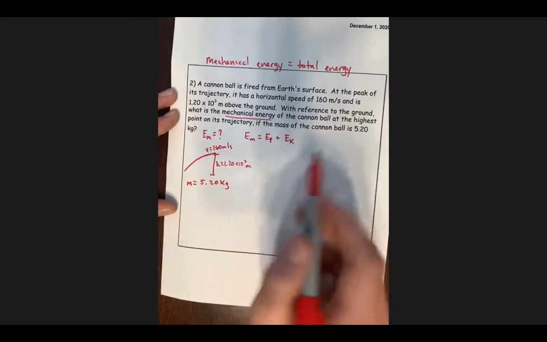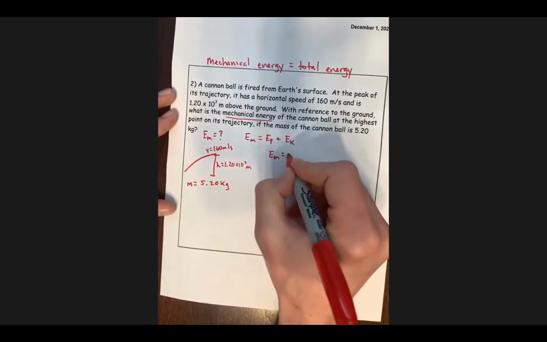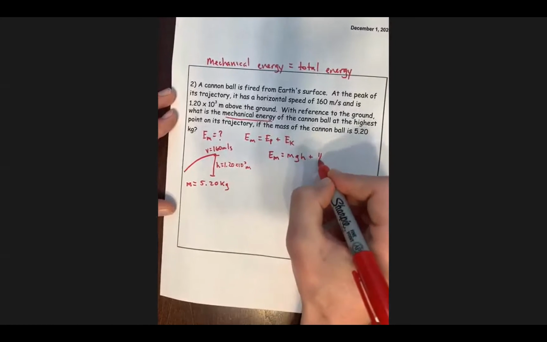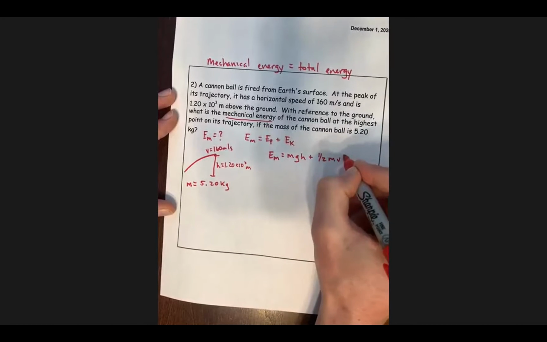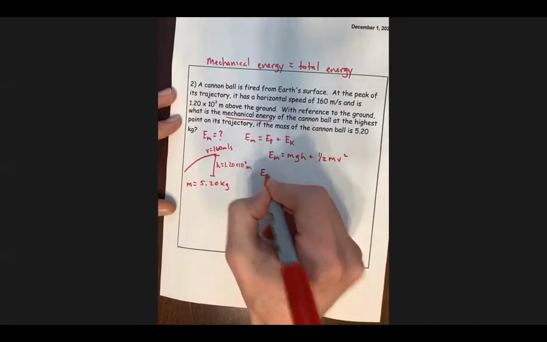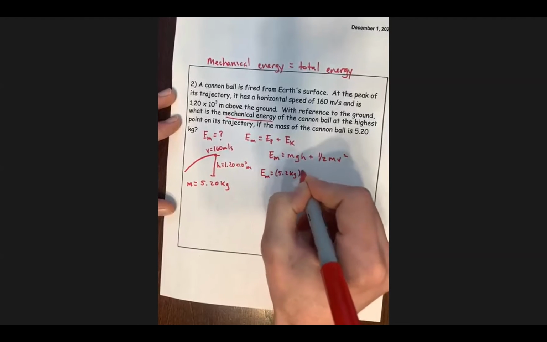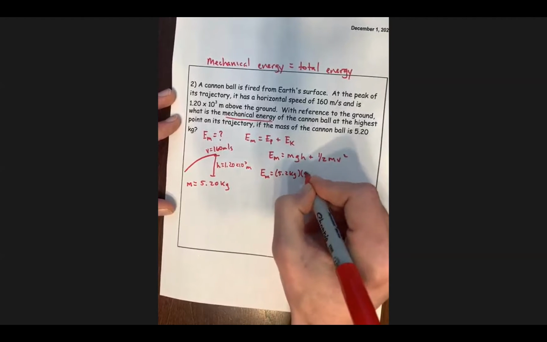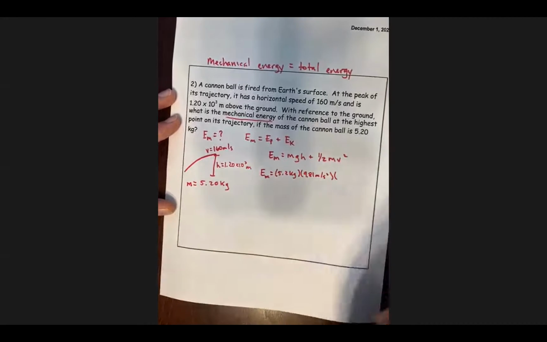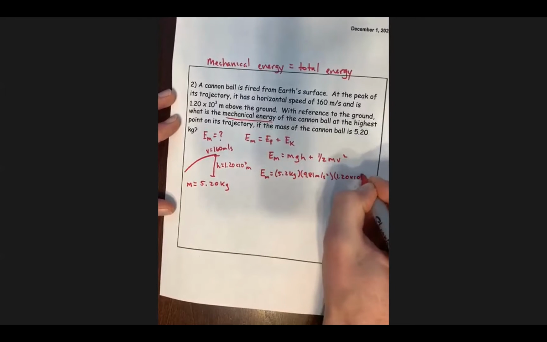Let's expand these formulas here. Mechanical energy is equal to potential energy, which is mass times gravity times height, plus the kinetic energy, which is 1/2 mv squared. Now we can just substitute our values in. Mass is 5.2 kilograms, gravity is 9.81 meters per second squared, the height of the cannonball is 1.20 times 10 to the 3 meters.